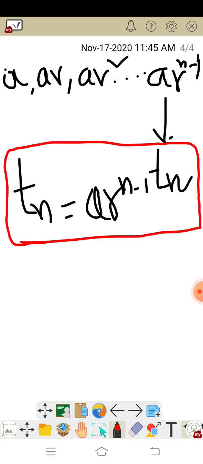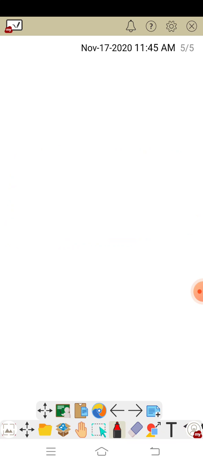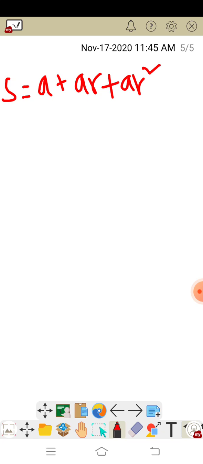So this is the first thing. Then what is the next thing? Sum of the terms. For example, sum S is equal to A plus AR plus AR square plus and so on. The nth term is A into R to the power of n minus 1.